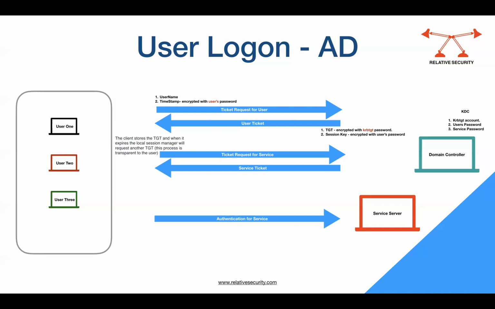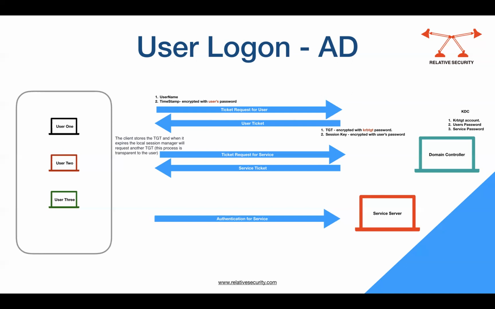Now, on the right-hand side, remember the domain controller has its own KRB account. It has all the users' passwords and service passwords. So when the domain controller receives the request from the client who just logged in to their machine, it sees that one, I have a username, and second, I have something encrypted.